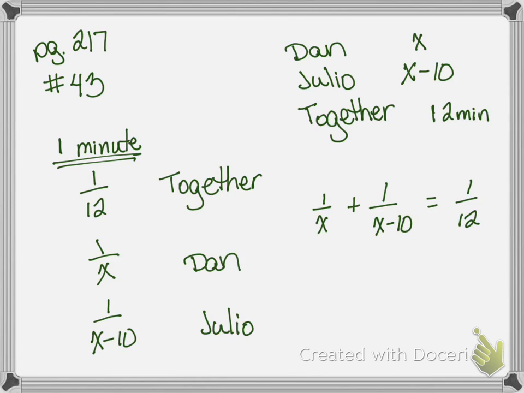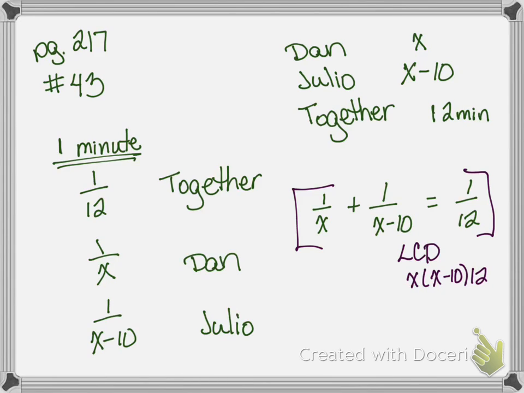So this is the equation. You have to break it down to specific minutes. How much can they accomplish in one set amount of time? And at this point, our LCD is going to be x times x minus 10 times 12. That's my LCD.